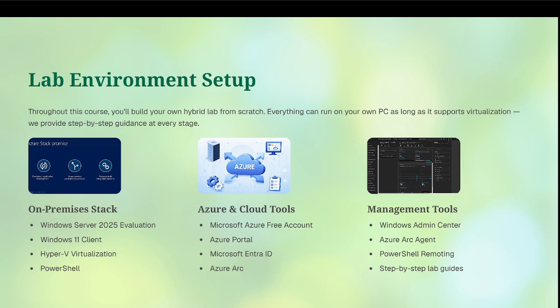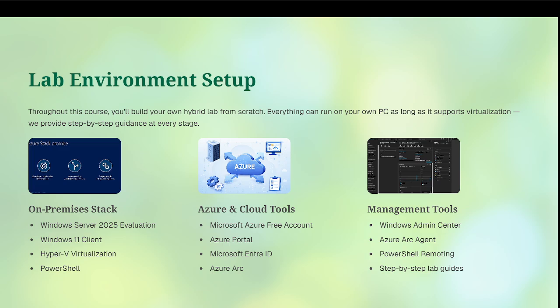Here we will use the Windows Server 2025 Evaluation edition, and in that we will practice Active Directory Domain Services, domain controller deployment, DNS configuration, DHCP management, file services, group policy, server administration. This will simulate how organizations manage Windows Server workloads in their own data centers.